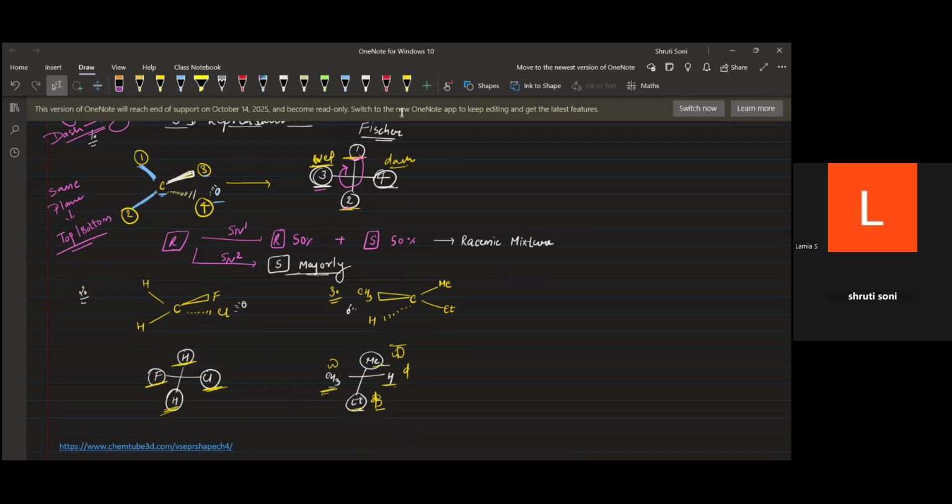For SN1 and SN2, will we cover what sort of nucleophiles or electrophiles are favorable, or leaving groups? We will cover that in the halide part when we discuss each functional group in detail. In this case, in stereo, we only need to know from which direction the nucleophile will attack.